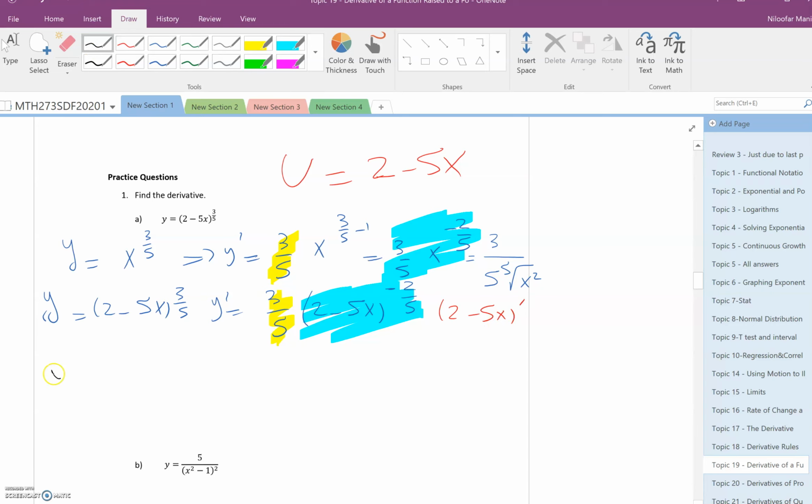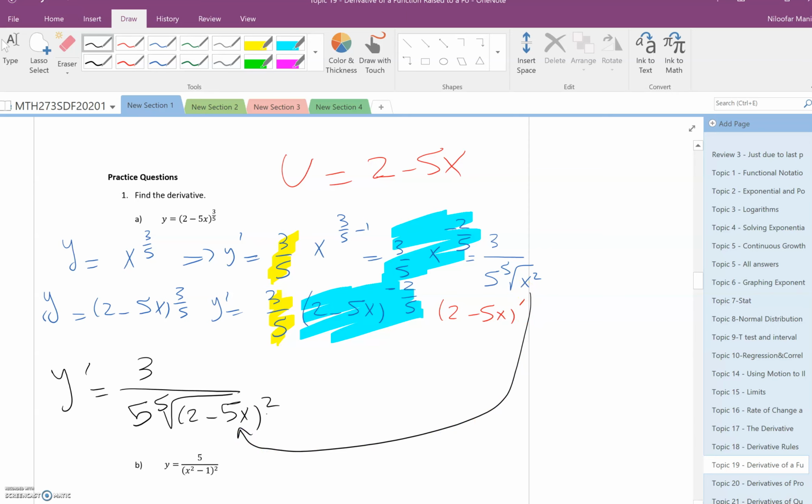Now what is the answer? Y prime is 3 over 5 root 5, 2 minus 5x power 2 in the denominator, because it's negative, you know. Okay, you can check from here.